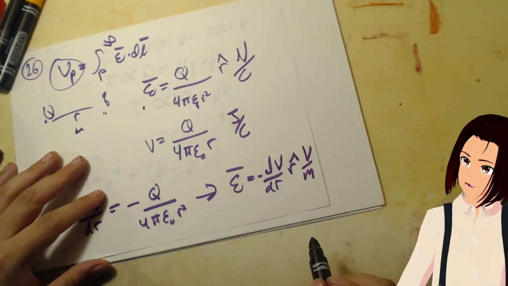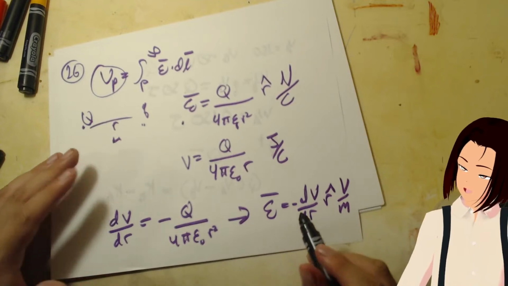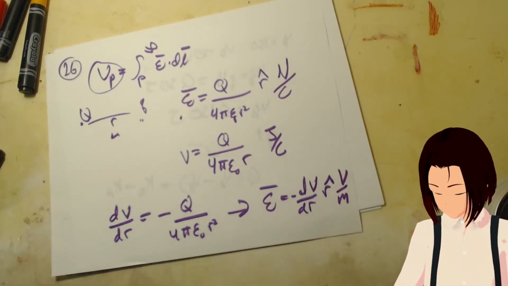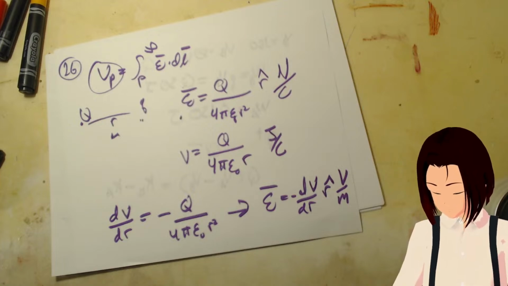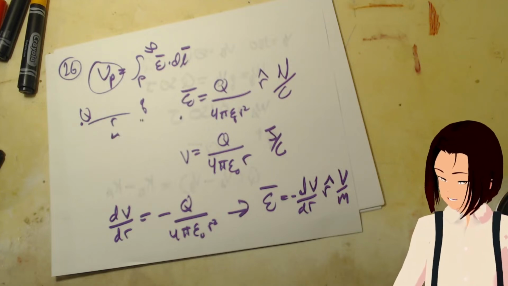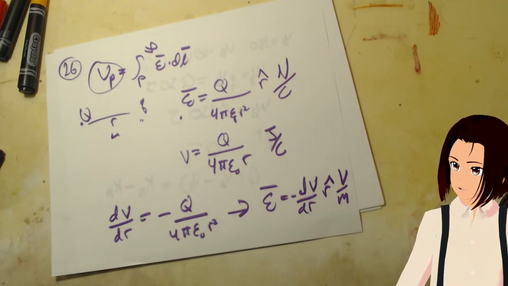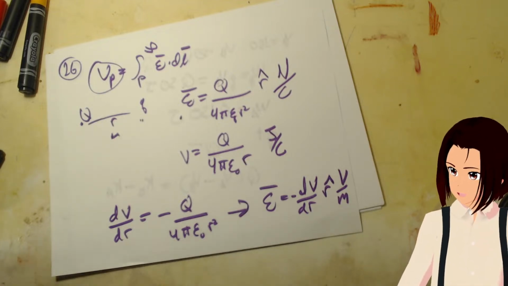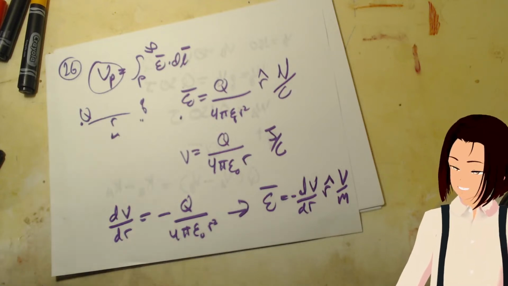Now the electrical engineers can get off my back because I'm calling it volts per meter now. So that's the connection between electric potential and the electric field.